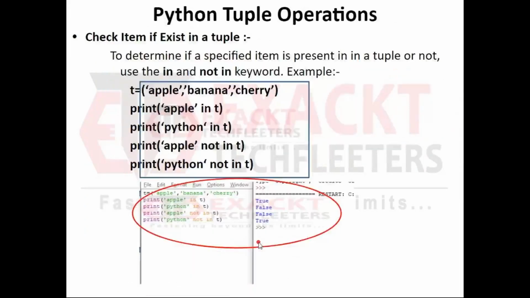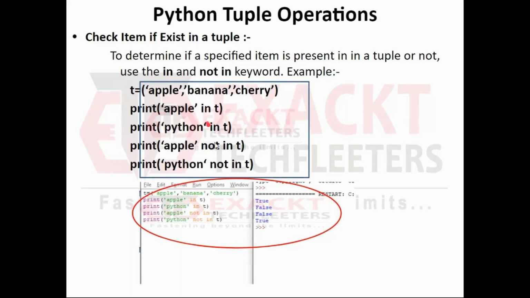Now if you want to check whether an element is present in a tuple, the same thing applies: you use either the in operator or the not in operator. These are converses of each other.